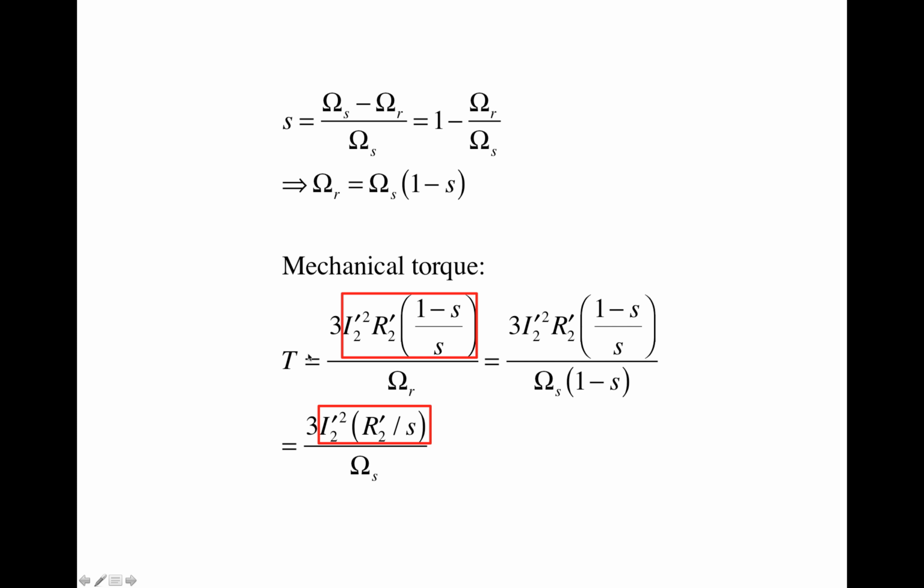So omega r has this particular expression in it, so we can replace omega r with omega s multiplying 1 subtract slip. And 1 subtract s cancels out on the numerator and the denominator. So what we have obtained is 3 multiplying I2 prime squared multiplying R2 prime divided by s, and then divided by the synchronous speed of the magnetic field. That's the expression for the torque.